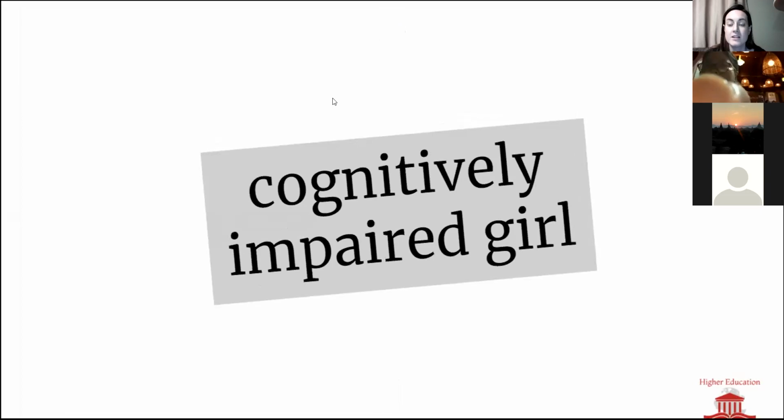Girl with impaired cognition. Maybe I would mention something around cognitive disability or mental disability, because it might be more than just social skills. Okay, good.